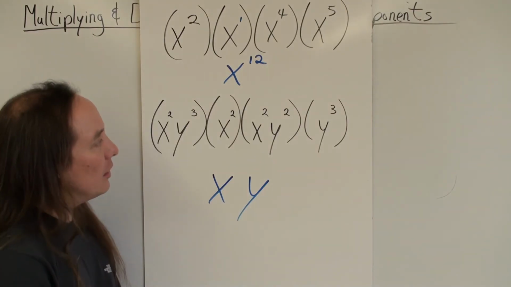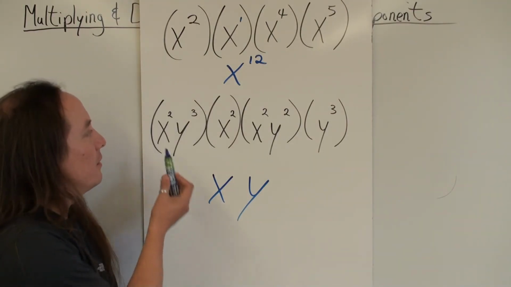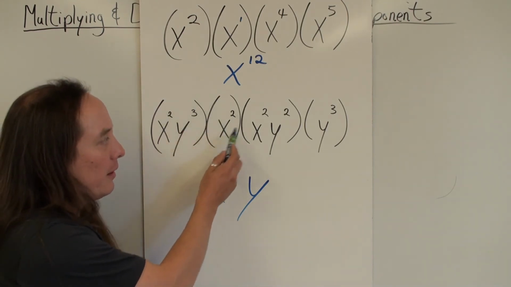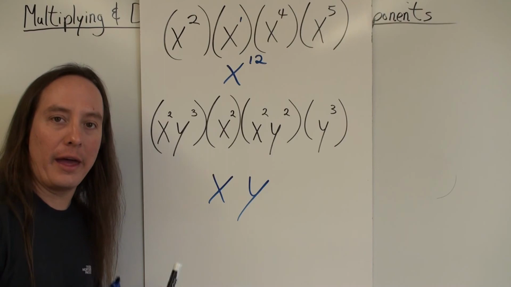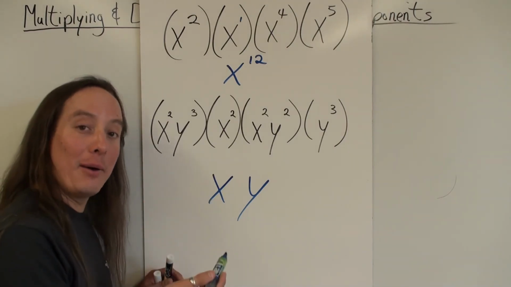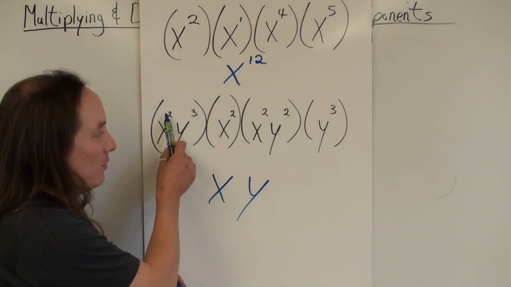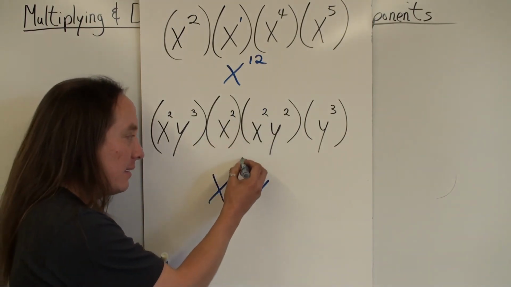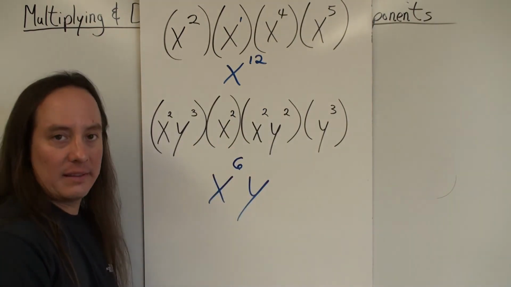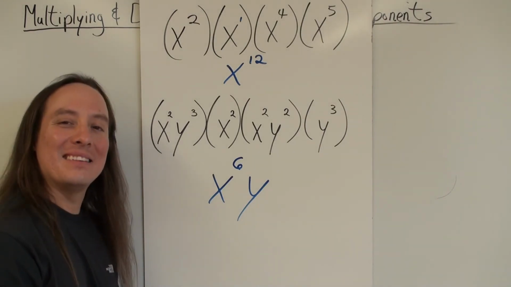Okay, so let's start off with the x's, okay? So x squared times another x squared times another x squared, and that's all of them, okay? There's 3 terms with x. I'm going to add those exponents together. So x squared is 2 plus another 2 is 4 plus another 2 is 6. So that's x to the 6th power.